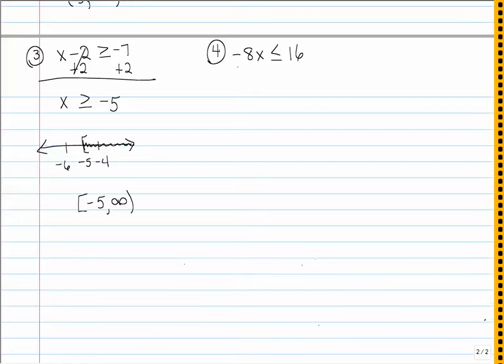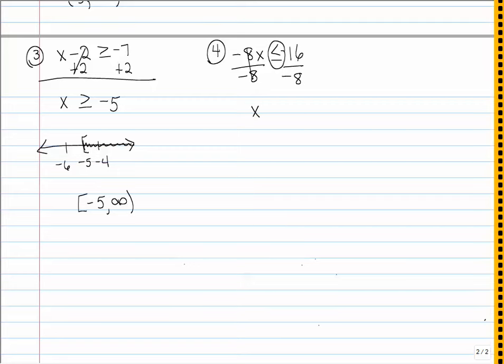Okay? So remember that. When you divide by a negative, you flip the less than or greater than symbol around. So on this one, to solve that, you have to divide each side by negative 8. So I'm going to have to flip that symbol around. So it's going to be x is greater than or equal to negative 2. So now we'll graph that. So here's negative 2, here's negative 3, negative 1.